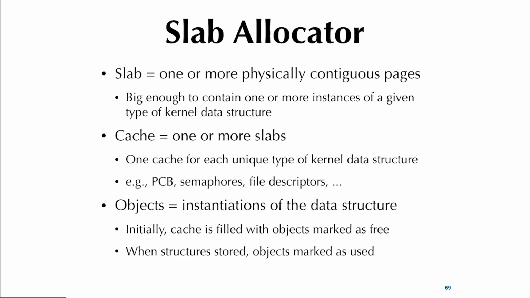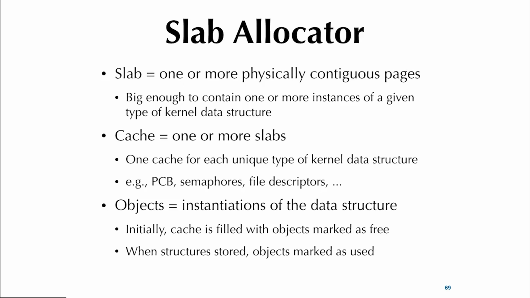So what you do is pre-initialize these caches filled with objects that are marked free. Their boundaries are already known. When you need to allocate one, it's like a free list, like a free frame list. Because it already knows the type and the size, it knows where to find one pretty quickly.